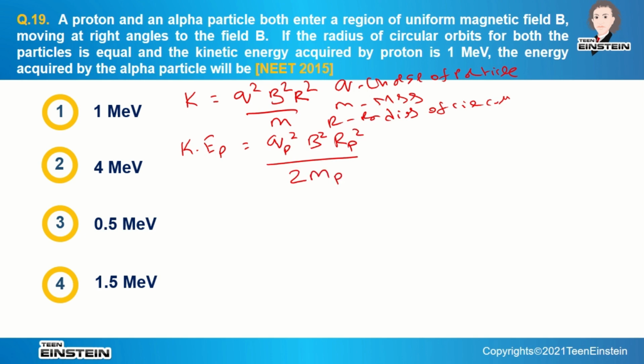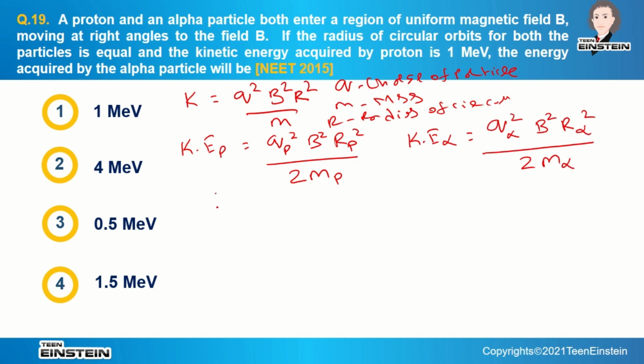Now the next one is the kinetic energy acquired by the alpha particle. Again the same equation, it will become q alpha square B square r alpha square divided by 2m alpha.